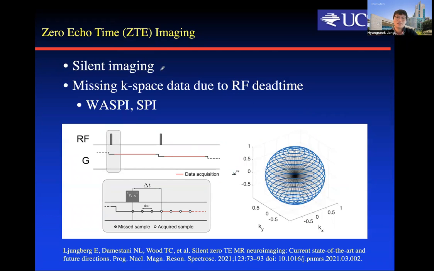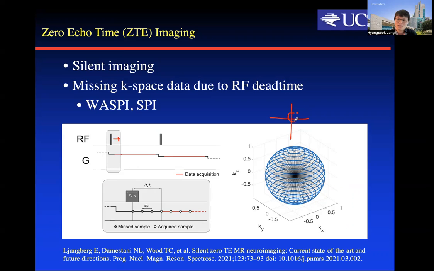Okay, so again, CT imaging has been used as silent imaging by using a slowly ramped gradient. But there's one issue: we apply the gradient during RF excitation, and then after the RF dead time, you are already outside of the center of k-space.